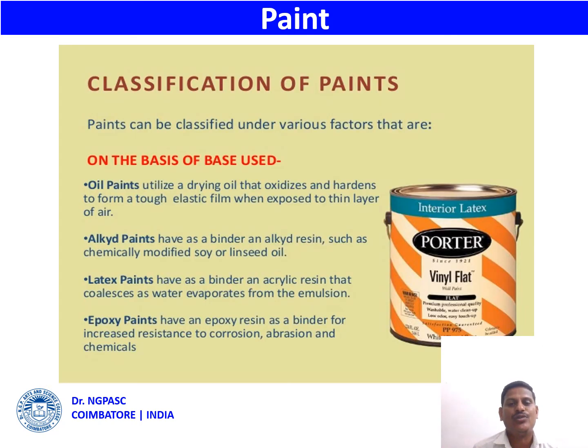Next we are going to discuss the classification of paint. Paint is classified under various factors, first on the basis of base material used. Under base materials there are different varieties: oil paints, alkyd paint, latex paint, and epoxy paint.